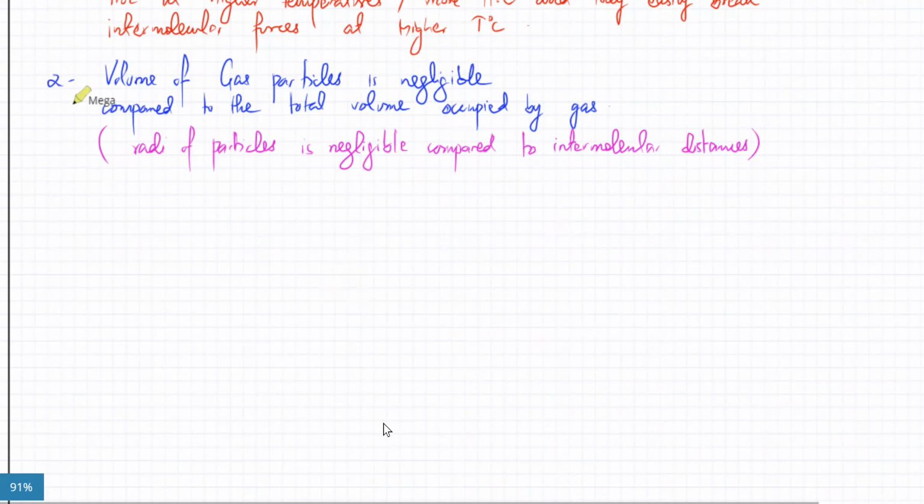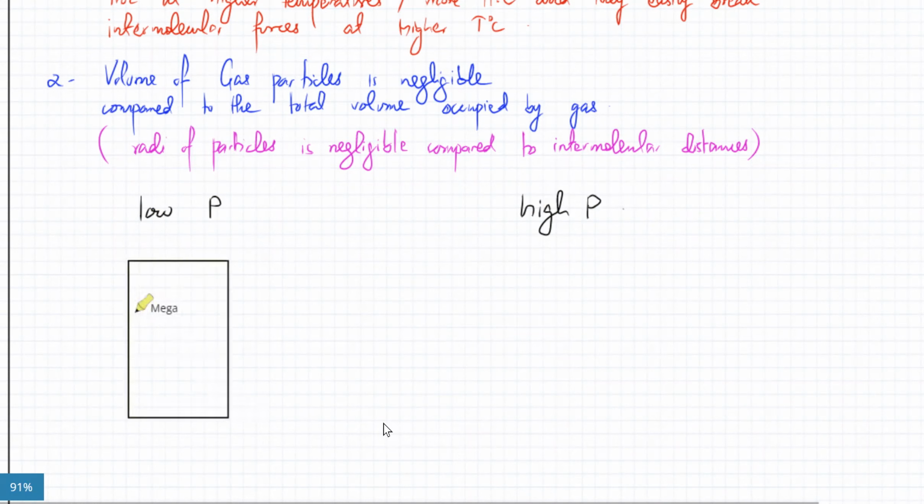I'm going to explain or draw two diagrams. One is a gas at low pressure, and one is a gas at high pressure. The second statement basically means there's a lot of empty space when you talk about a gas. So let's say you have a container with a movable piston, and this container has some gas particles in it.